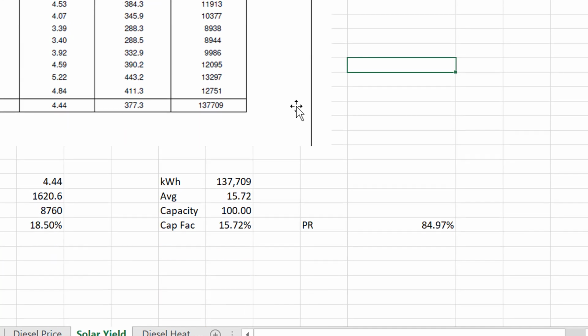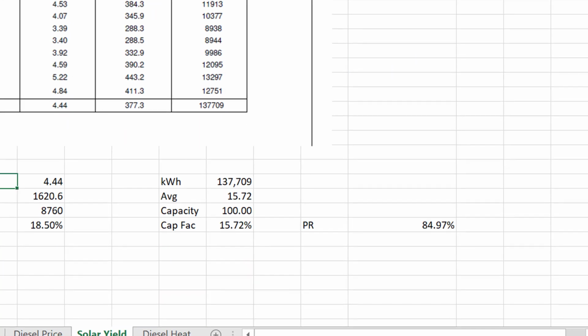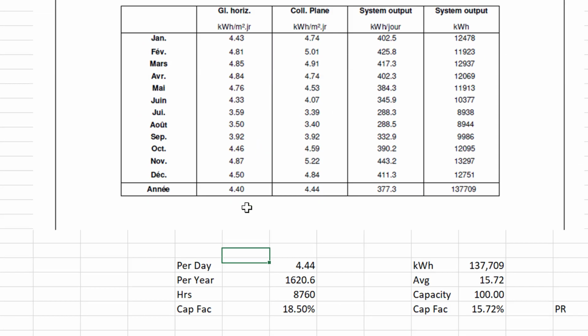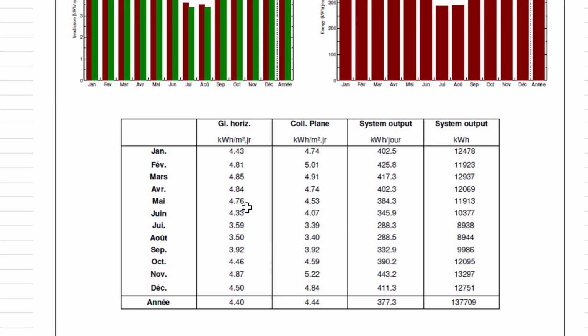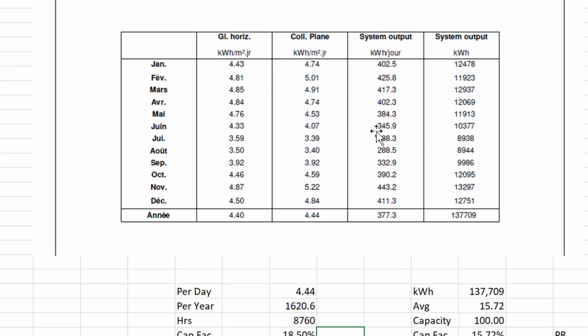Okay, and then now if we go down here, you could derive the performance ratio. In this case, PVsyst didn't have it. It had kWh per meter squared per day. And then we have how much actually hits the panel.